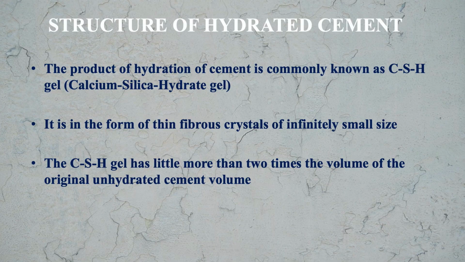The CSH gel has a little more than 2 times the volume of the original unhydrated cement. If we compare the volume of CSH gel and the volume of unhydrated cement, the volume of CSH gel is slightly more than twice that of the unhydrated cement. Means the volume is large in comparison to the unhydrated cement.